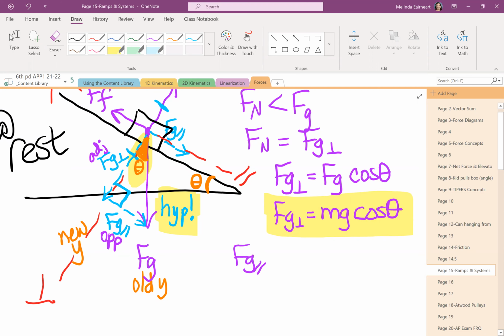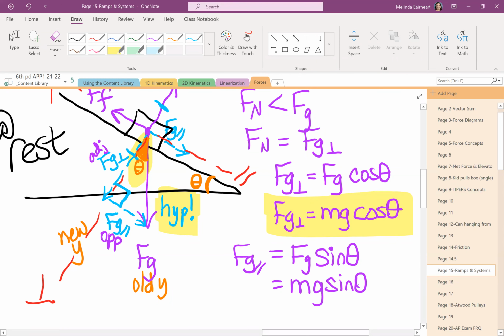What trig function will we use to find the parallel component? Sine. And then last step, Fg equals mg. And so Fg parallel, or x if you prefer, is mg sine theta.